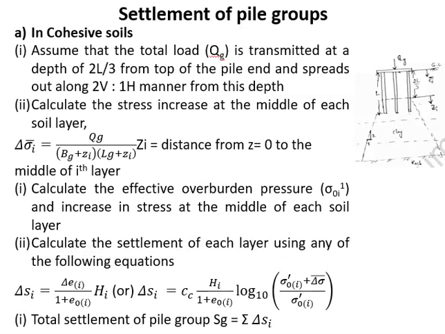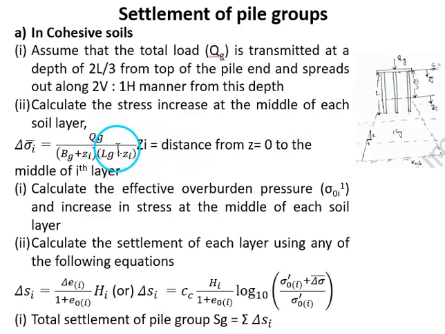Settlement of pile groups. In case of clayey soil, we have to use the equivalent raft method to estimate the settlement of pile group, for which we have to assume a raft footing at a depth of 2/3 L from the ground level. And we should assume that the load is dispersed in a 2:1 manner from the base of the raft footing.